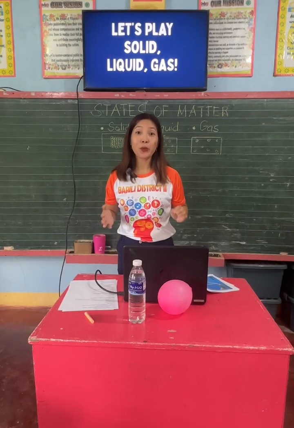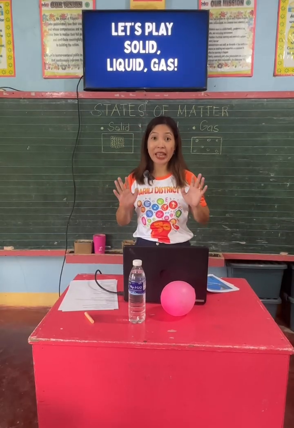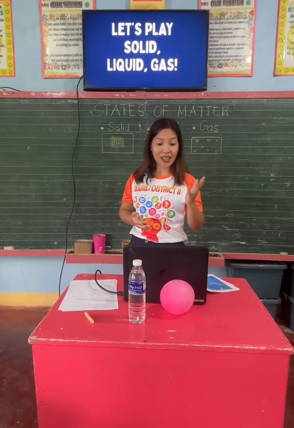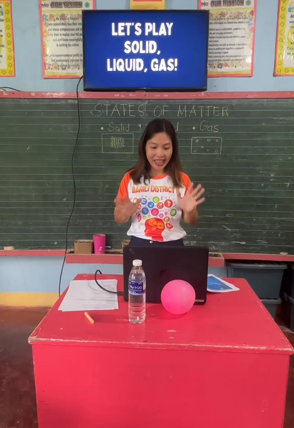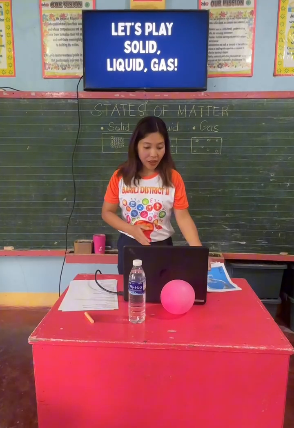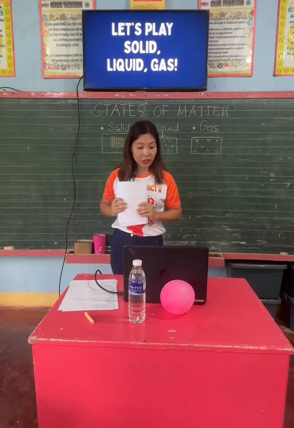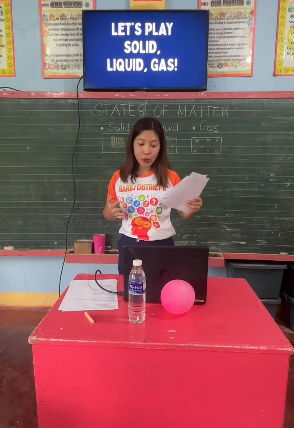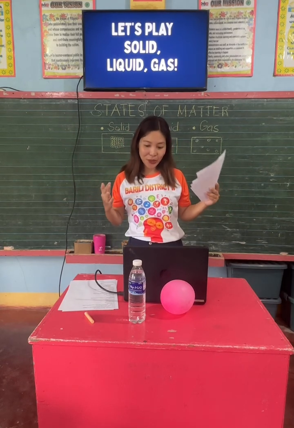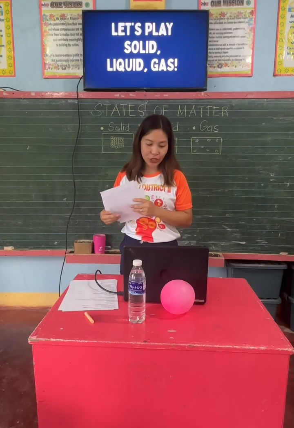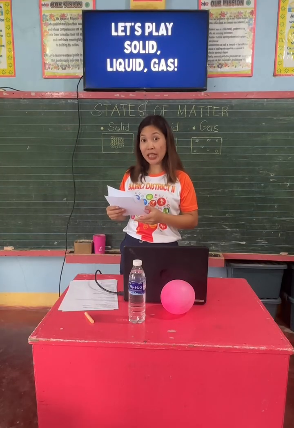Now, class, we are going to play a quick game called solid, liquid, and gas. So I will show you a card with a word or picture. And when you see the card, you will move your body to show the correct state of matter. So you listen carefully to the movement.